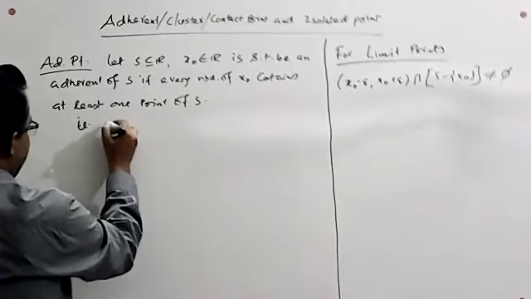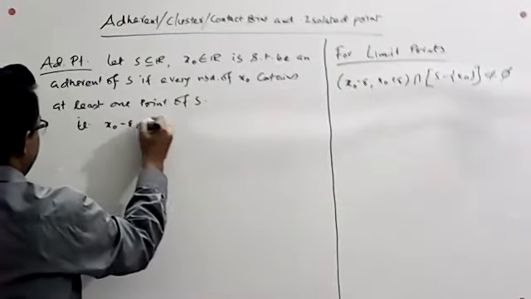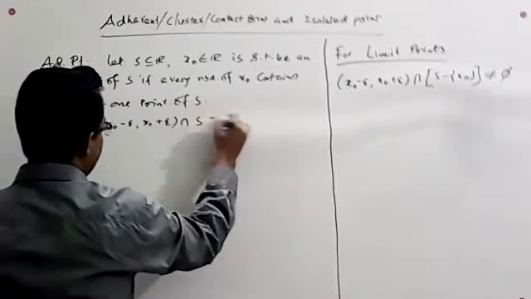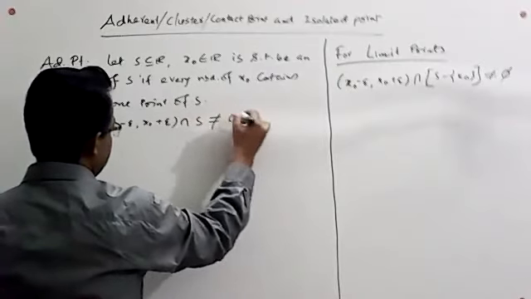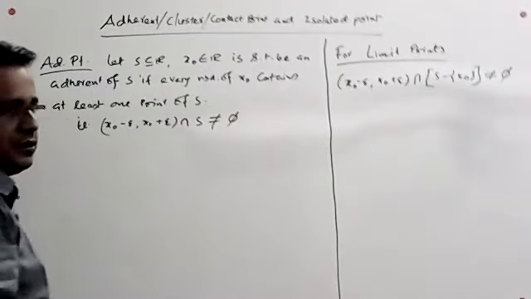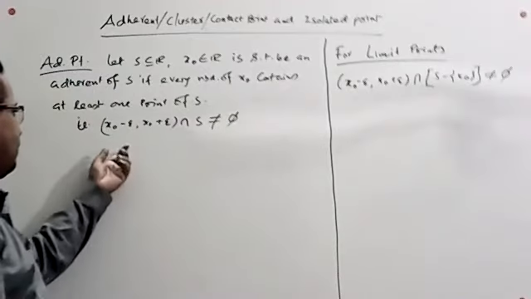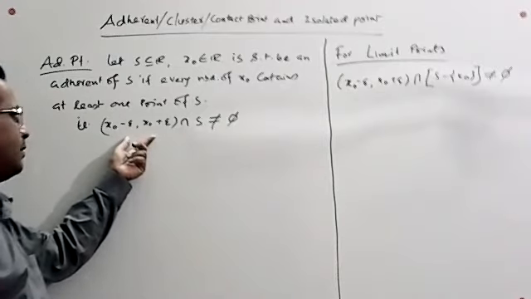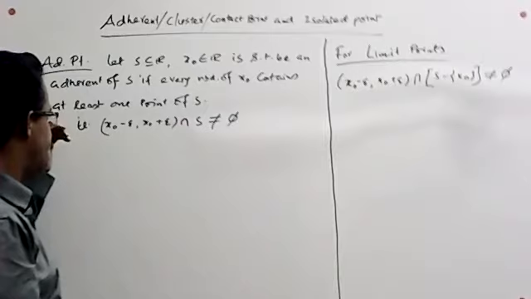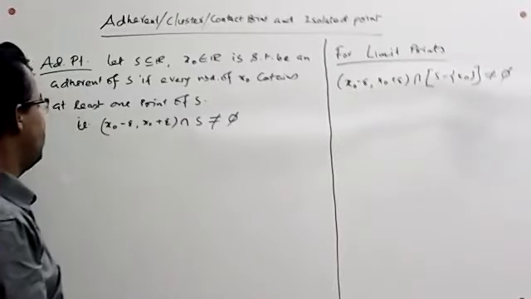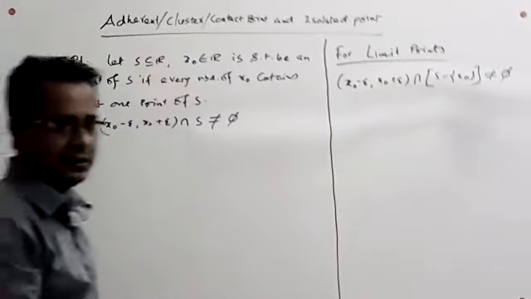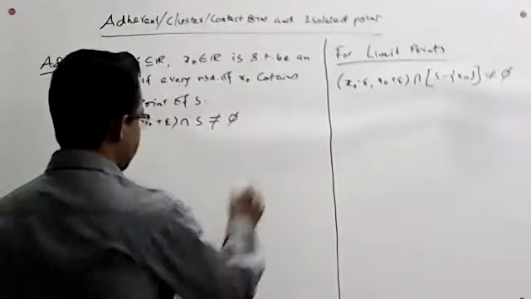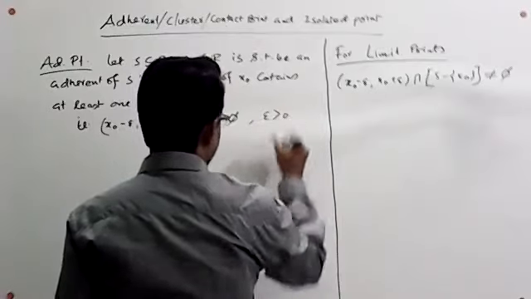If x naught minus epsilon to x naught plus epsilon intersect with the set S, then this set should be a non-empty set. If a real number satisfies these characteristics, then we can say that x naught is an adherent point of the set S for every epsilon greater than 0.